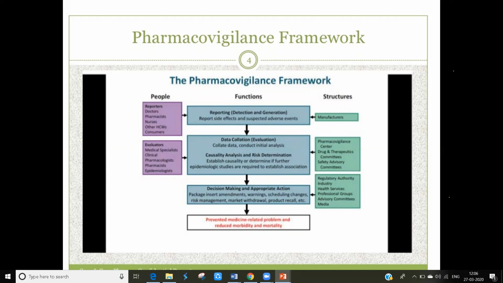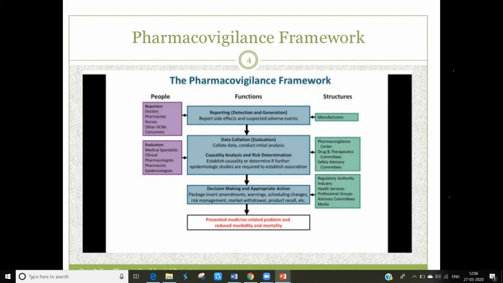If you see, the first function is reporting. Reporting means a patient took the drug and had some adverse drug reaction. When a patient has an adverse drug reaction, who will report it? It has to get identified and reported. So that's the main first function, that is detection and generation, that is reporting side effects and suspected adverse drug reactions.